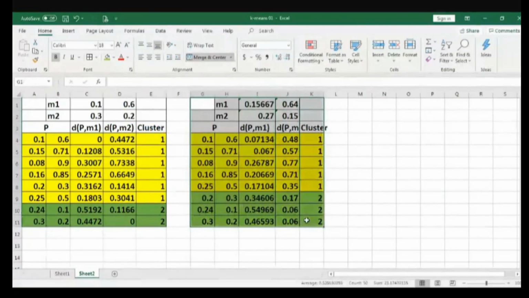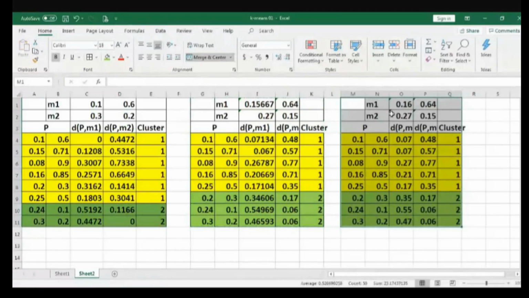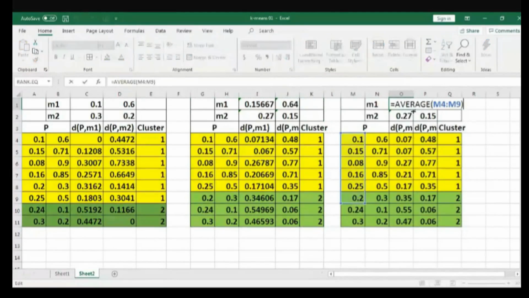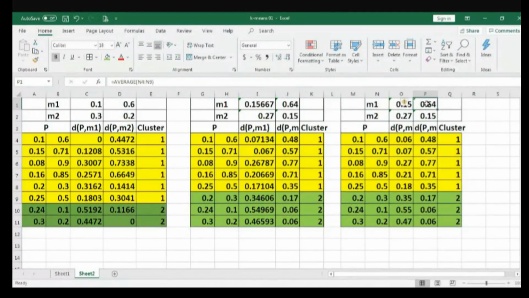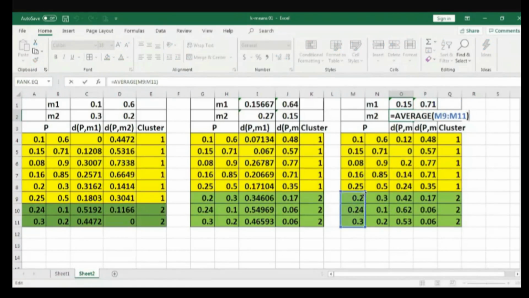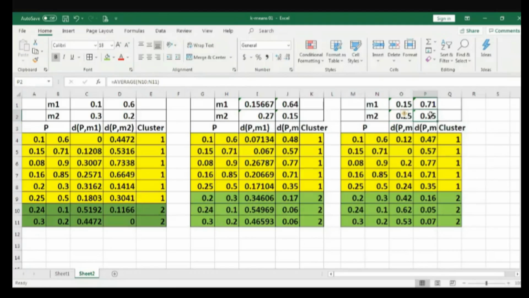Again I'll copy this and paste it to the next page, and just change this to this. This is the average of this, and this is the average of this. Now again I will remove every color.